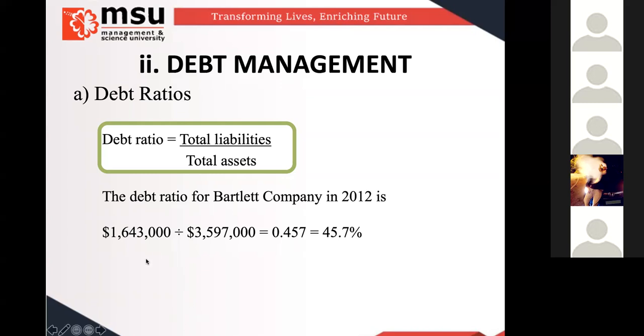So you just divide both amounts. 1643, this is an example. So the answer is 0.457. This answer you can convert into a percentage. So the debt level of the company is about 45.7%.